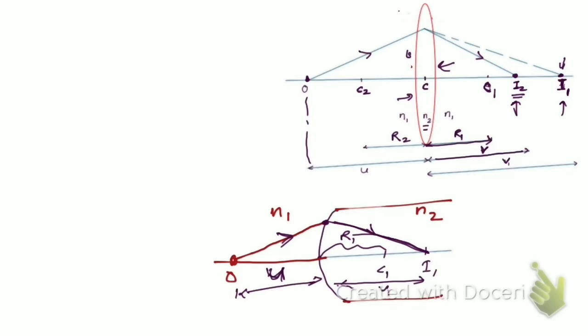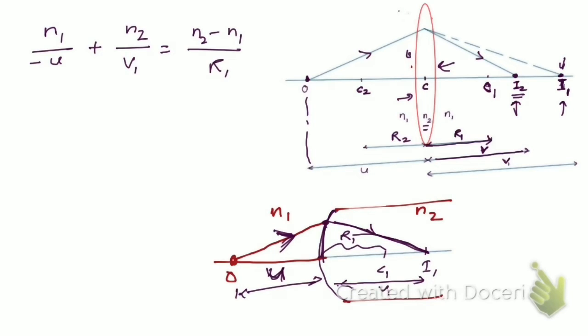So for this diagram, if you remember refraction at spherical surface, and we consider refraction at this surface, then we should get n1 by minus u plus n2 by v1 is equal to n2 minus n1 by R1, right?